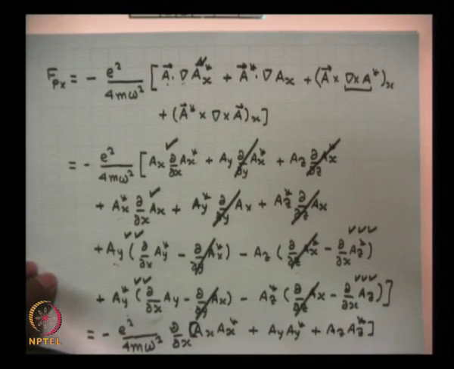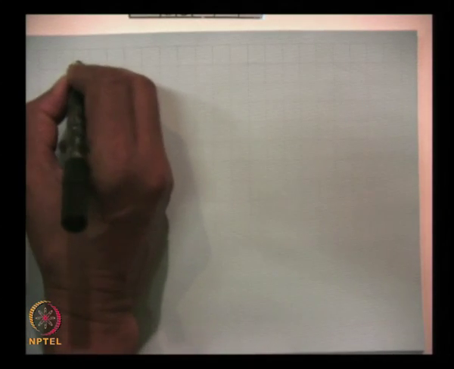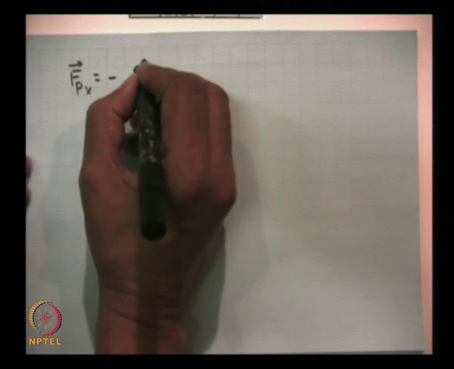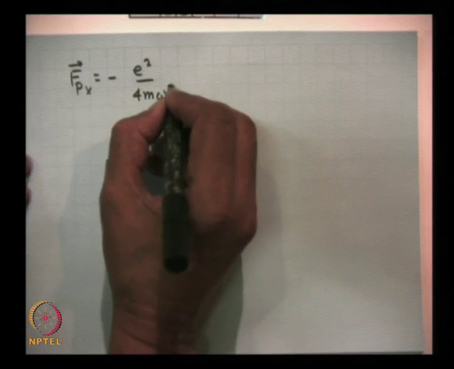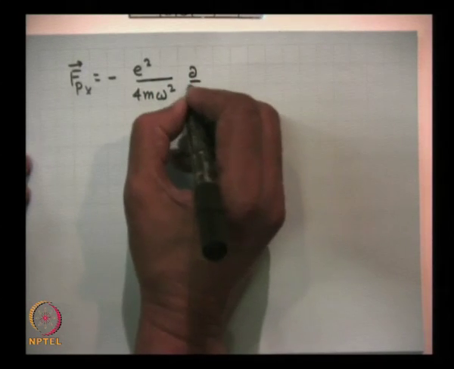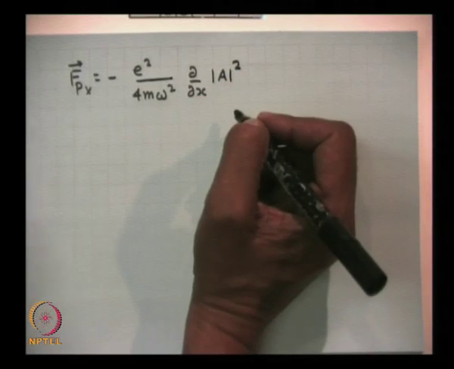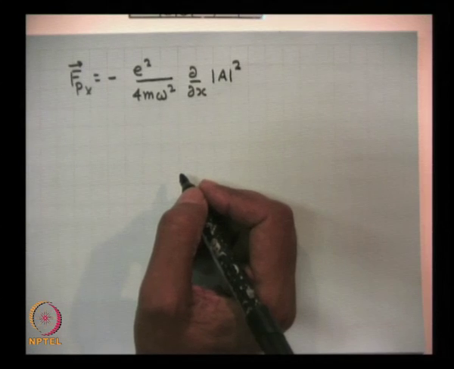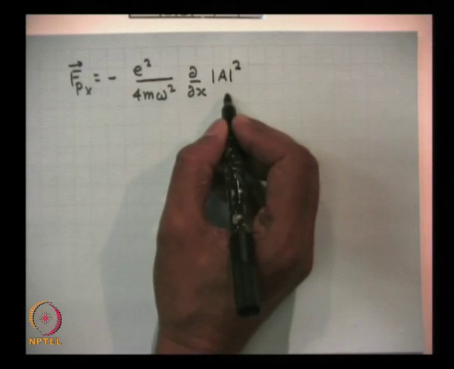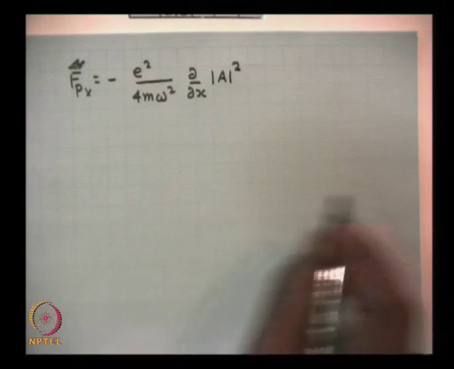Let me rewrite this expression. So the x component of the ponderomotive force is simple: minus e square upon 4 m omega square ∂/∂x of modulus of A square. This is not a vector, this is a scalar quantity, the x component.